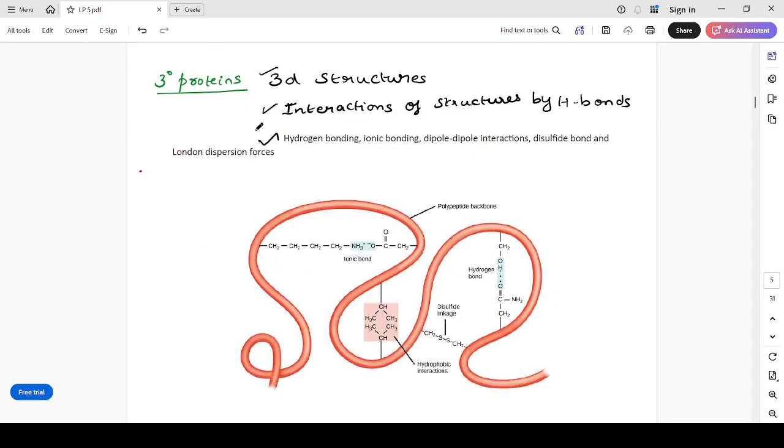Going on to the tertiary structure, the 3D structure, interactions of structures by hydrogen bonding. What are the bonds available? Hydrogen bonding, ionic bonding, dipole-dipole interactions, disulfide bonds, and London dispersion forces.